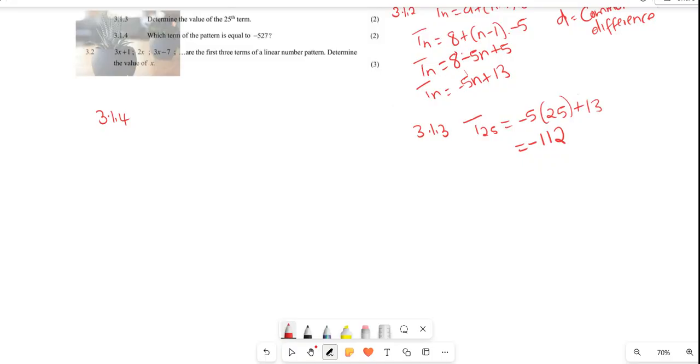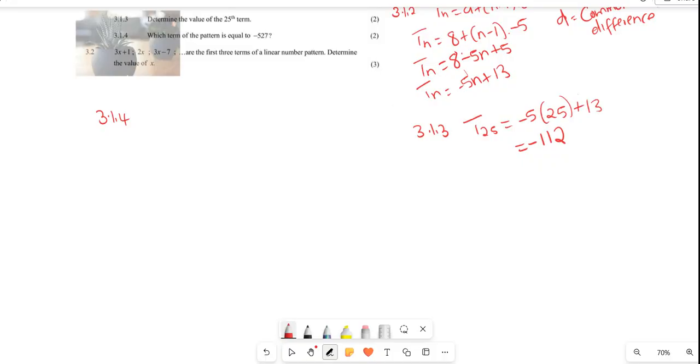3.1.4. Our question says, which term of the pattern is equal to minus 527? Which term means n. We are looking for an n. Whenever you see a question says which term, just know that we are looking for an n.